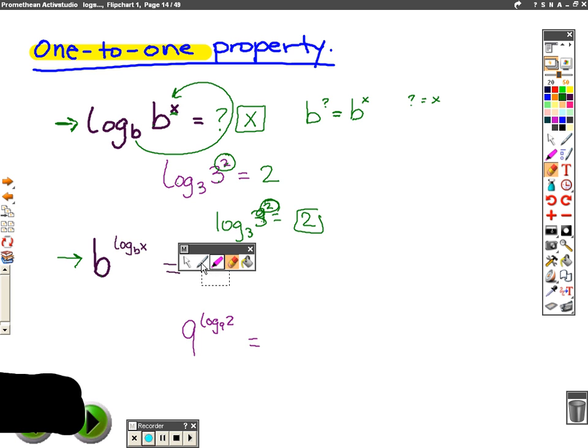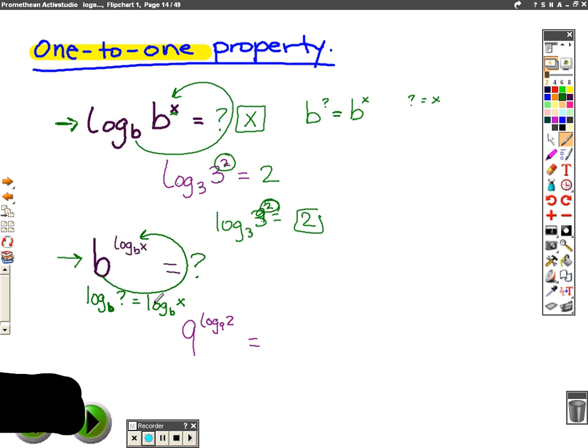I'm going to put my question mark out here because I want to figure out what it equals. So I'm going to say log base b, right, this is my base, I write it little and down, log base b of question mark equals this whole exponent, equals log base b of x.